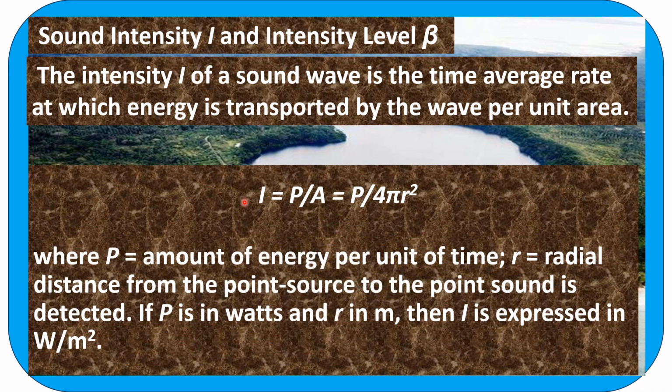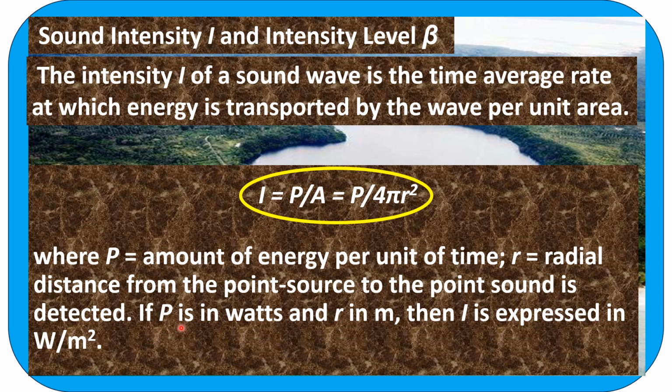So intensity, capital I, is equal to capital P divided by capital A, or capital P divided by 4 pi r squared, where capital P is the amount of energy per unit of time, and small letter r is the radial distance from the point source to the point where sound is detected.